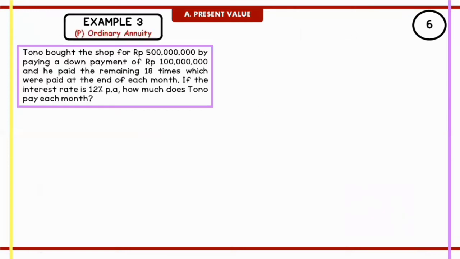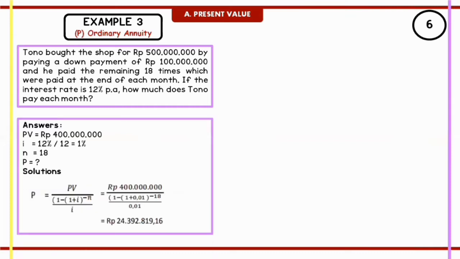And this is the example of how to find P of ordinary annuity. Tono buys a shop for 500 million rupees by paying a down payment of 100 million rupees and to pay the remaining 18 times which were paid at the end of each month. If the interest rate is 12% per annum, how much does Tono pay each month?